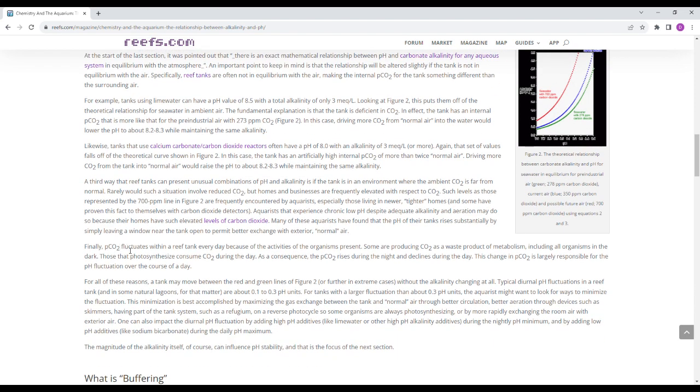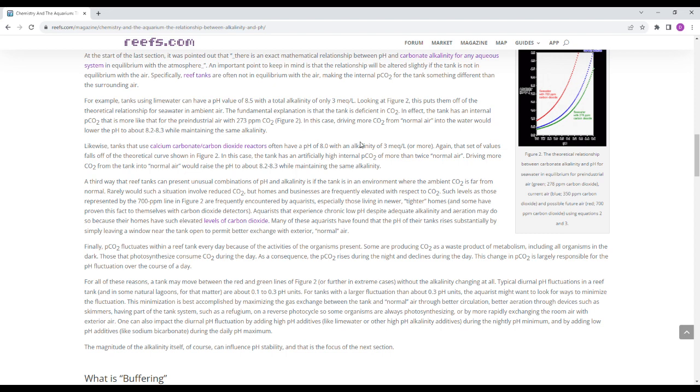Finally, PCO2 fluctuates within a reef tank every day because of the activities of the organisms present. Some are producing CO2 as a waste product of metabolism, including all organisms in the dark.